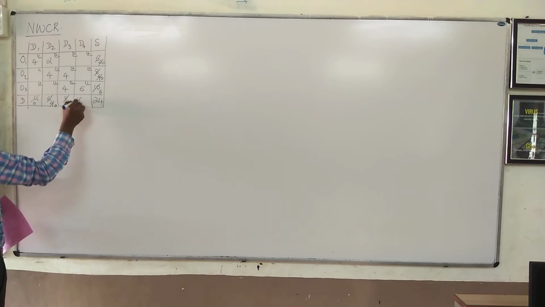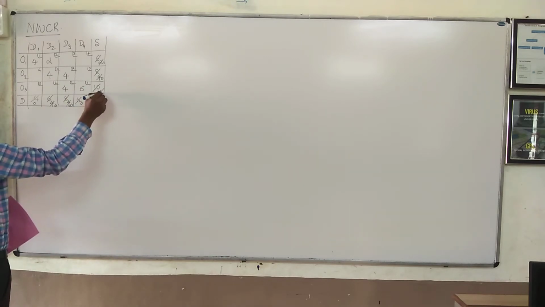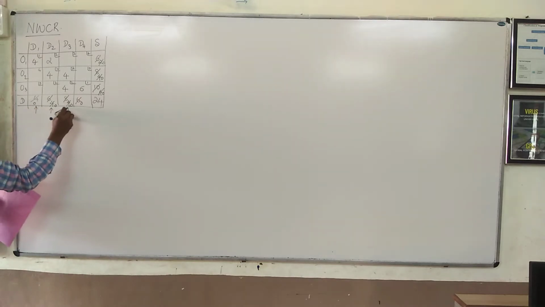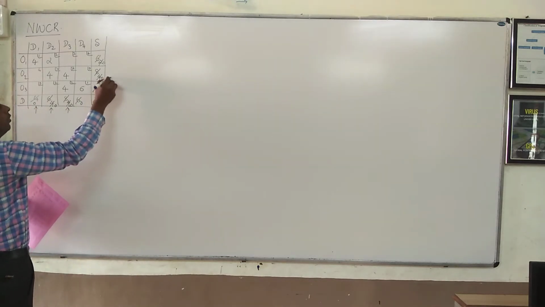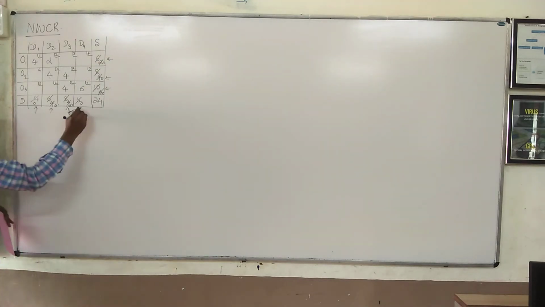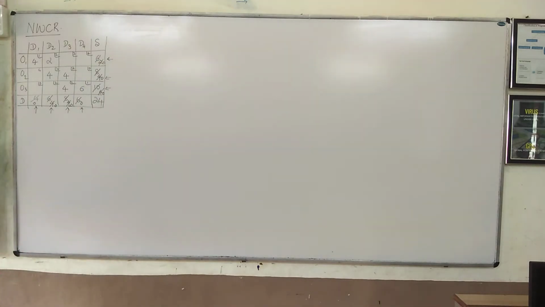Here it is 6, 6 minus 6 is 0. This is done. All rows and columns got exhausted.